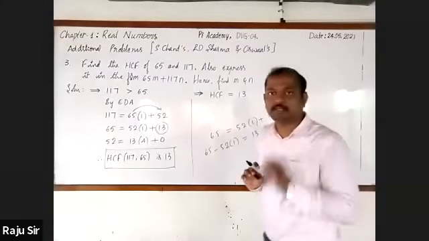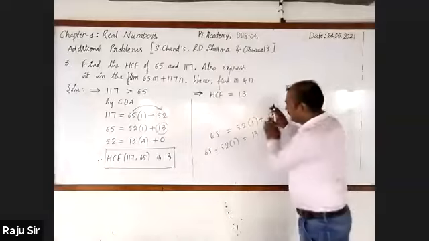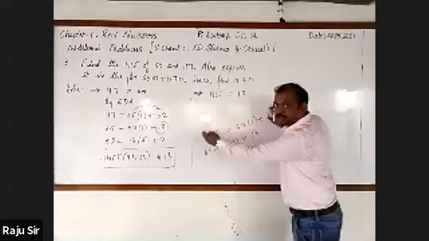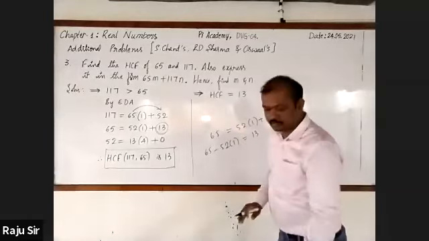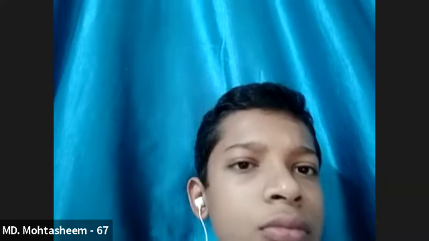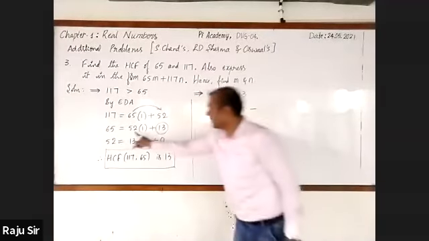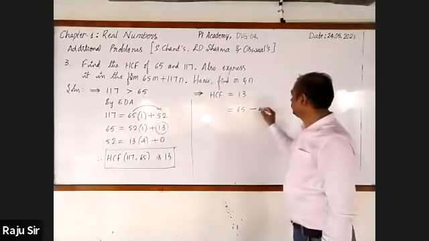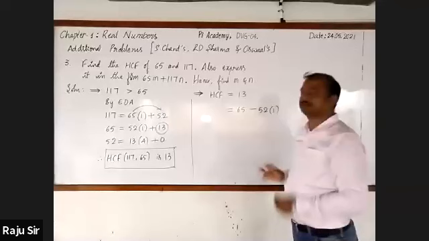Have you understood? Yes, sir. 13 should be solved, so we have transferred 52 into 1 to the left hand side. Now, here I write 13 is equal to 65 minus 52 ones up.